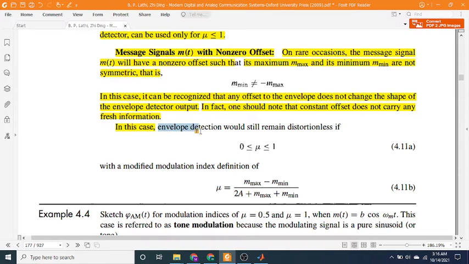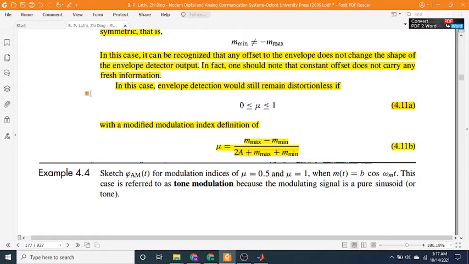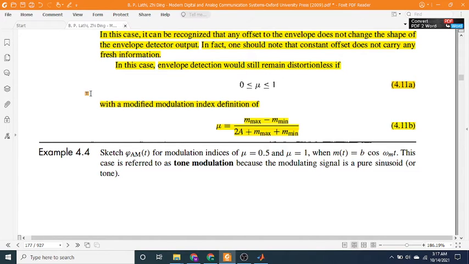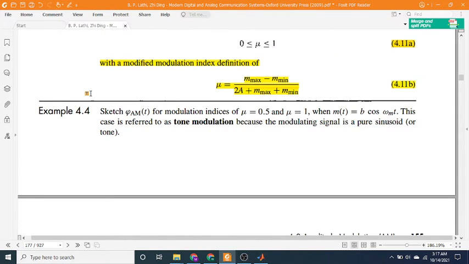In this case, envelope detection would still remain distortionless with a modified modulation index definition of μ = (m_max - m_min) / (2A + m_max + m_min) (4.11a, 4.11b).